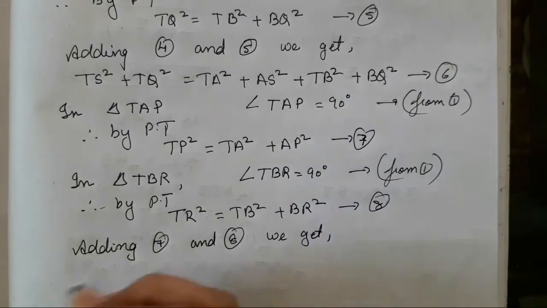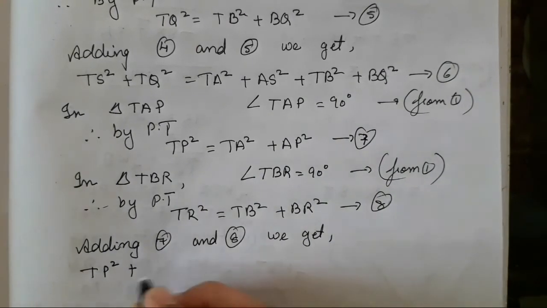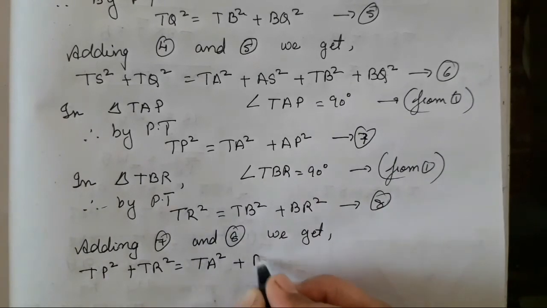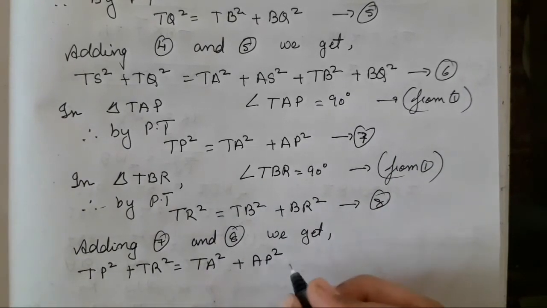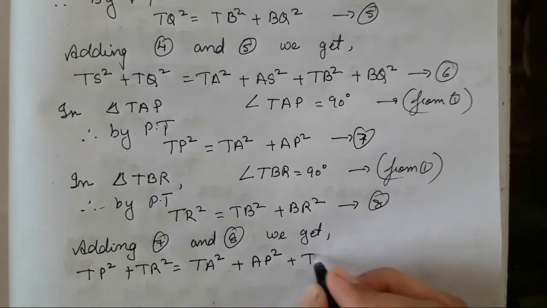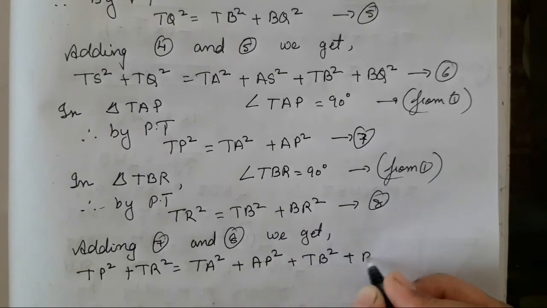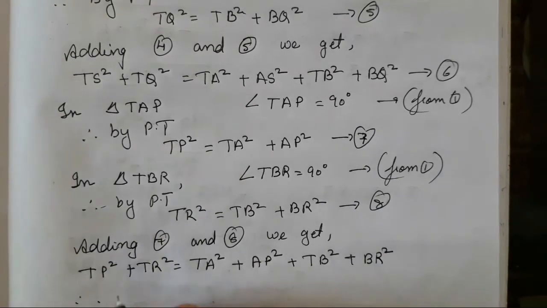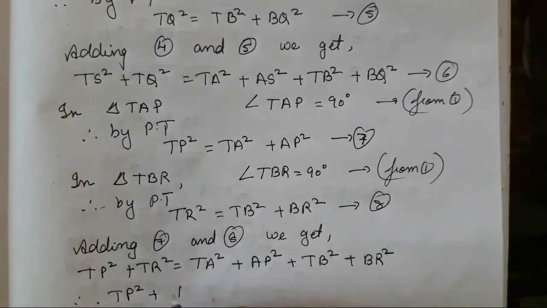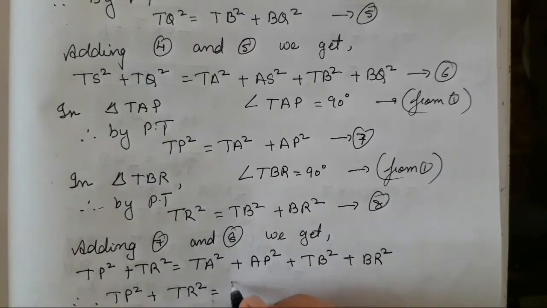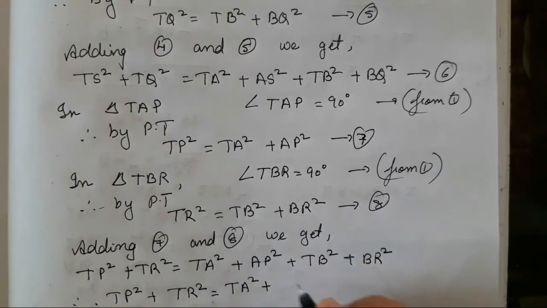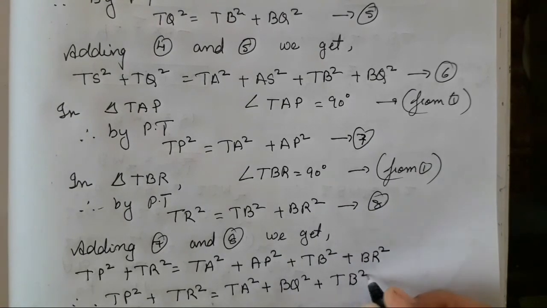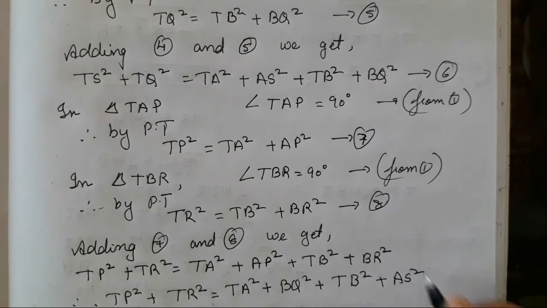We get TP square plus TR square is equal to TA square plus BQ square plus TB square plus AS square.